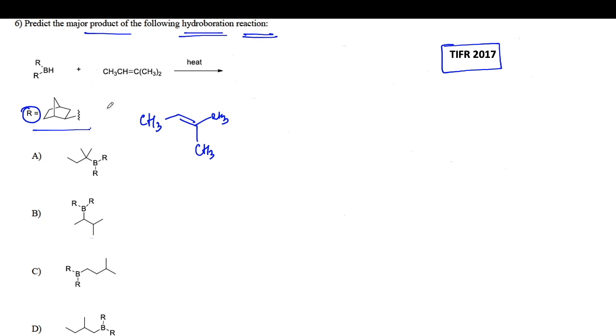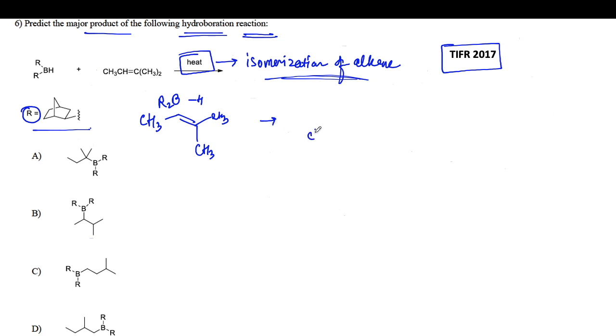Now this could have been a very simple question if there was not heat. But there is heat. Hydroboration is an easy reaction. It does not require heat. But here it's given heat, which means some kind of isomerization of alkene could take place. So a usual reaction would have been like this.